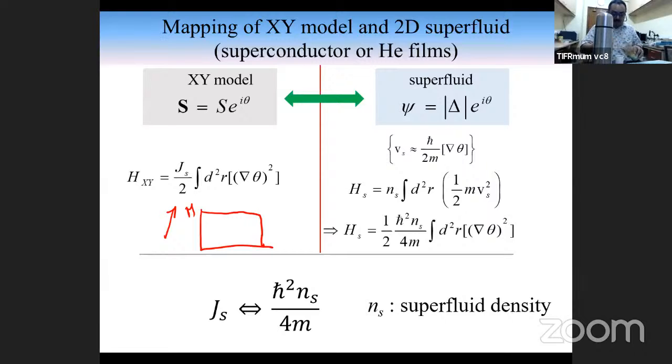If you want, it's the quantum mechanical phase of the Cooper pair. That's the only difference. But the form of the Hamiltonian is exactly identical. So if you have the same form of the Hamiltonian, then they should undergo the same phase transitions. This is how we do mapping of problems in physics.